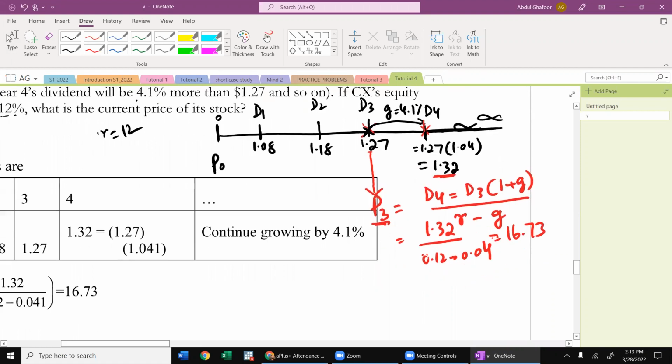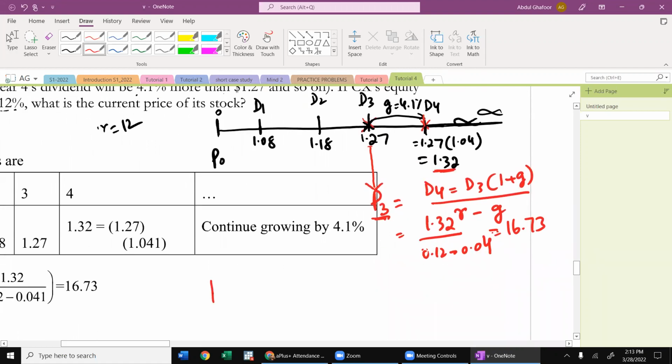So the price is equal to 16.73. Now let me draw this timeline again for you. At year 1, you will have 1.08. At year 2, you will have 1.18. At year 3, you will have 1.27.